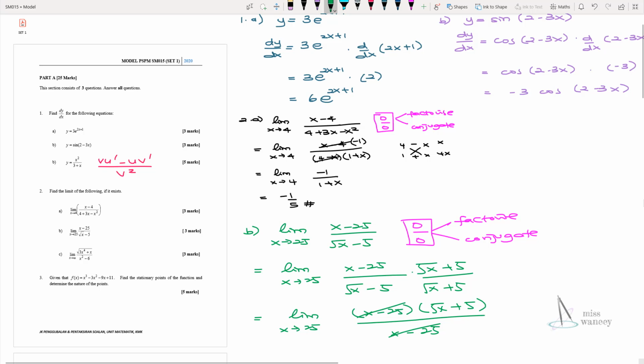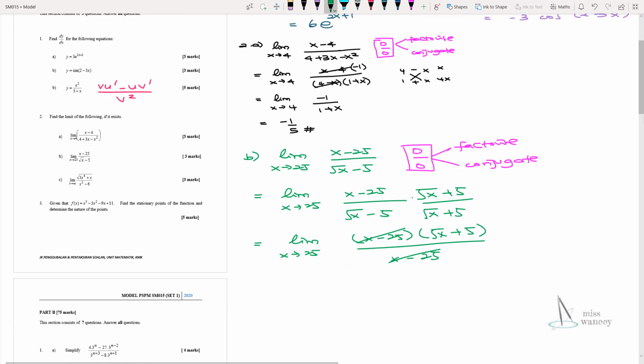So we are left with the limit as x approaches 25 of square root of x plus 5. So this is simply equal to surd 25, which is 5 plus 5. Therefore, this is equal to 10.